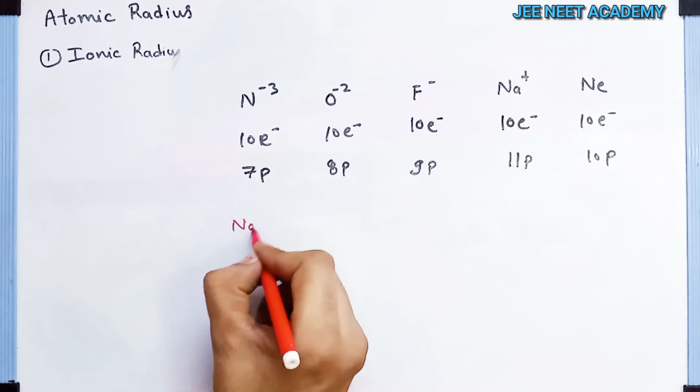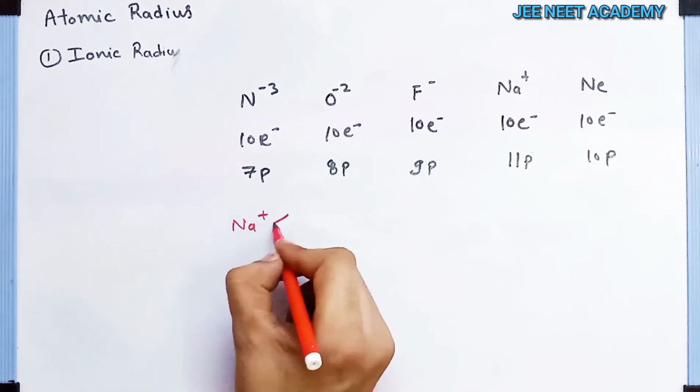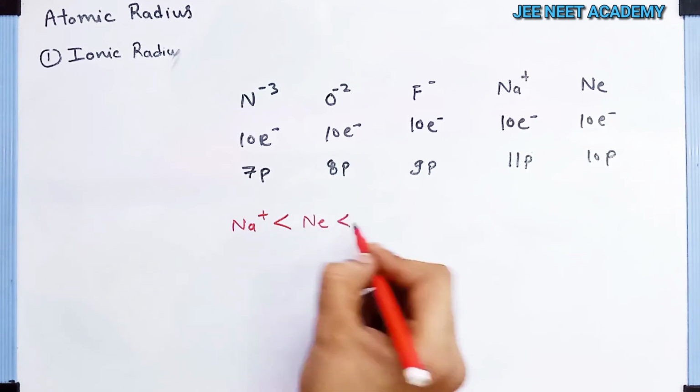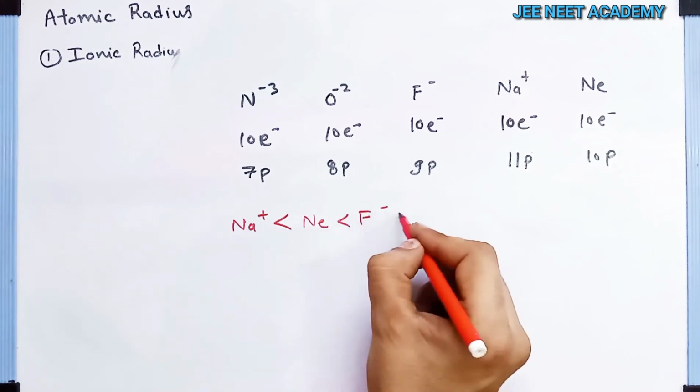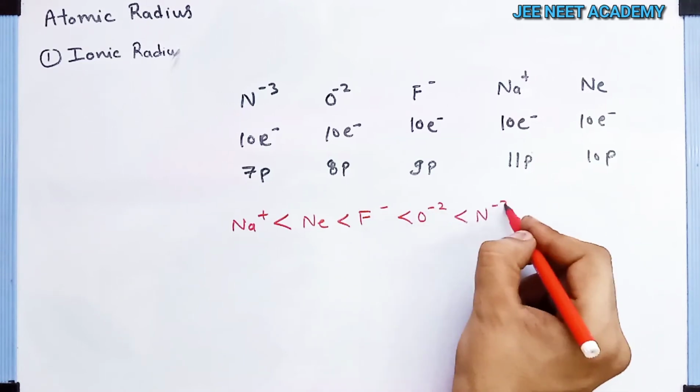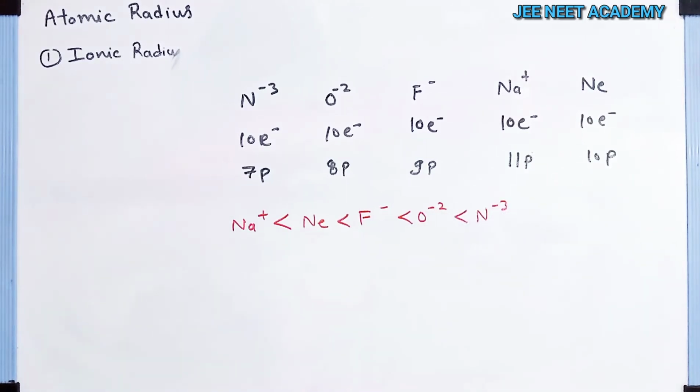So Na plus will have the smallest size, then neon, then F minus, then O minus 2, then N minus 3. So this is very easy to understand. Now we'll go for the covalent radius.